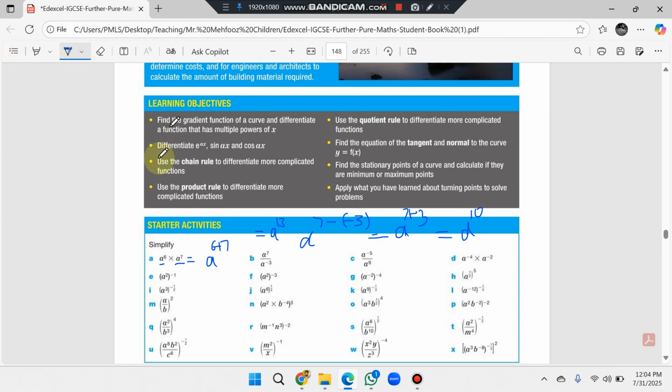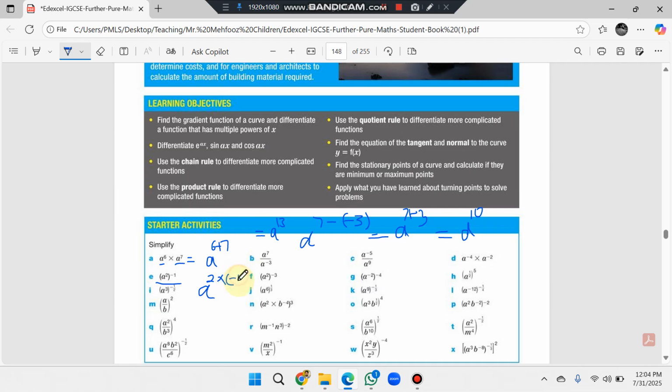Now you can see that here we have part E. We have a number, and some power of this number is given, and the whole power of this number is also given. So when we simplify it, we can easily write it as a raised to the power 2 multiplied by minus 1.